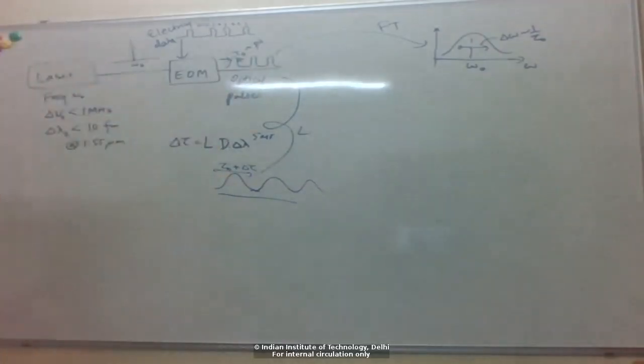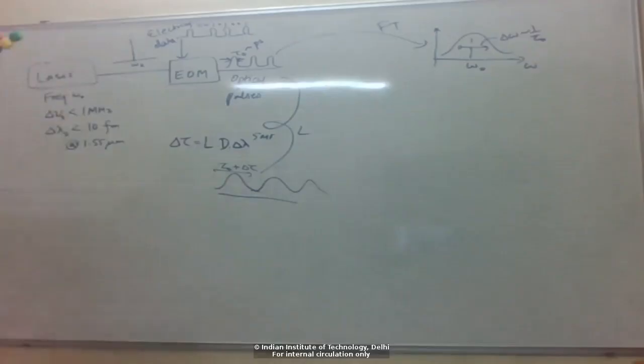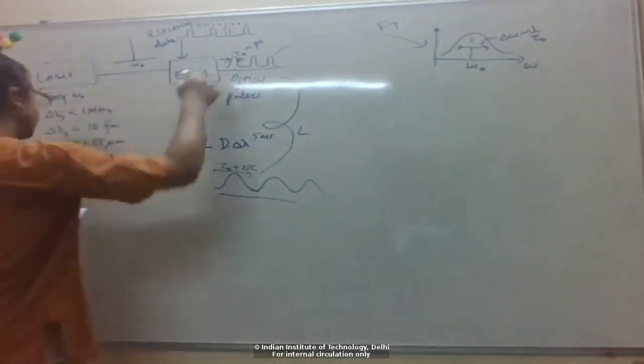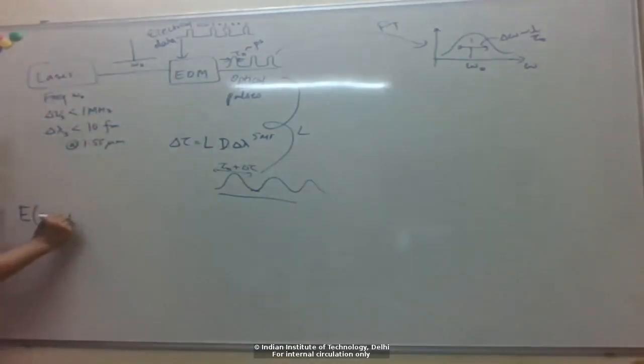Let's look at this phenomenon in a bit more mathematical detail to see how these pulses broaden. Again, take the pulses at the input, at z equal to 0.